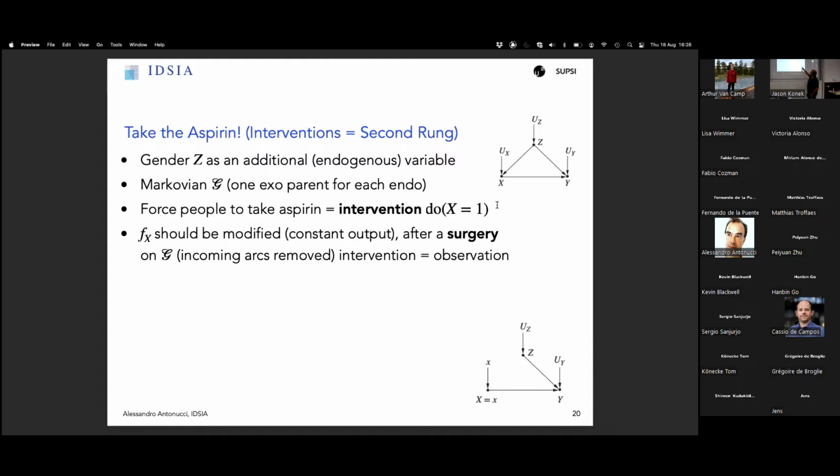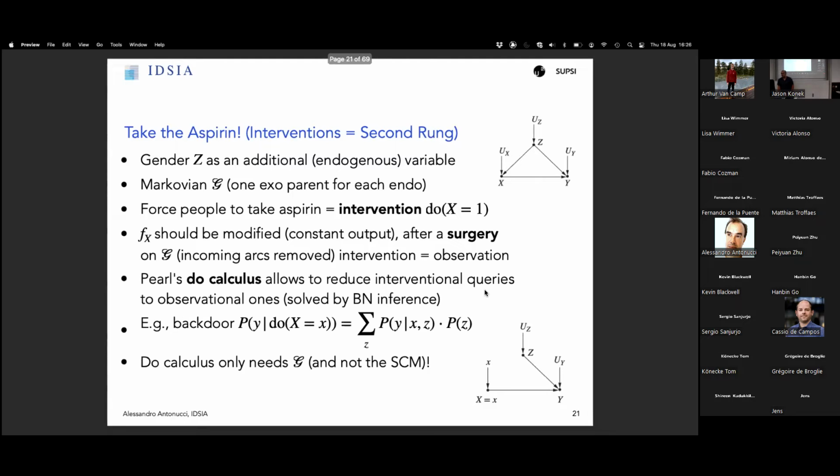This operation is called the surgery at the level of the graph. Once you do the surgery, you can compute the probability of the variable of interest given the intervention exactly as if it was an observation. This is smart because in this way, after the surgery, we can reduce our query to an observational query. And the problem seems to be solved, but not always.